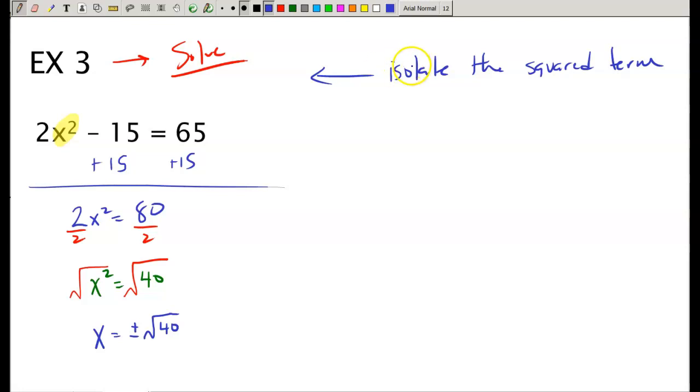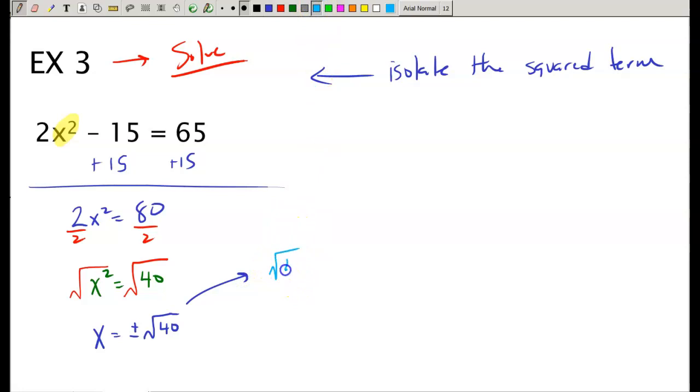In this case, and in this section, we are going to keep this in simplest radical form. So, for example, this is our answer, plus or minus root 40, but I want to reduce root 40 as we did the previous problems.